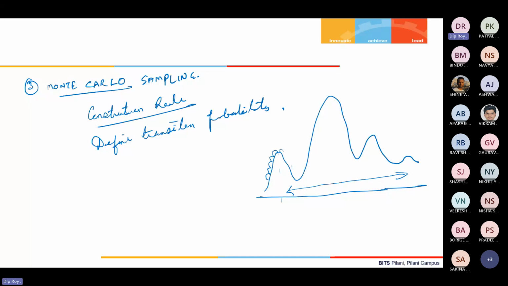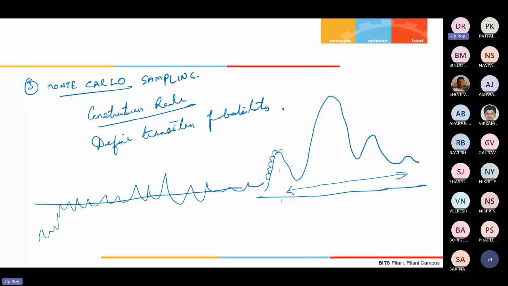Okay. And what happens practically in Monte Carlo sampling is you take thousands of samples. Okay, it's a random walk like this. You take thousands, each point here is a sample.